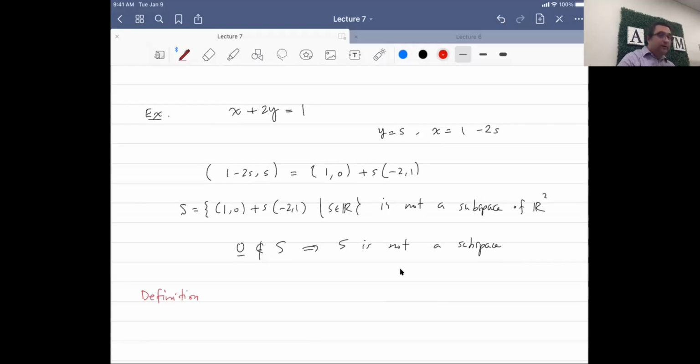The span construction is extremely important in linear algebra. The following definition is perhaps the first step towards the very fundamental concept of basis in a vector space, which means I'm looking for a set of vectors that plays the role of building blocks for my vector space, like Lego.